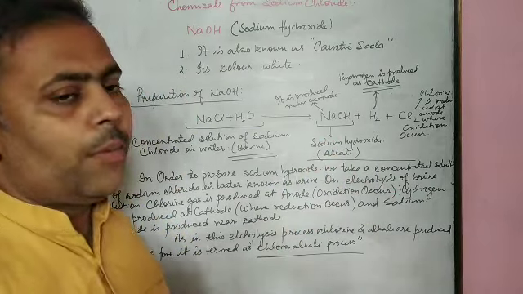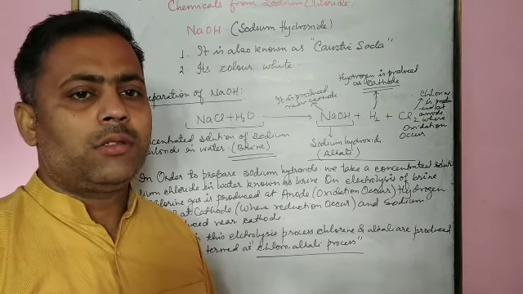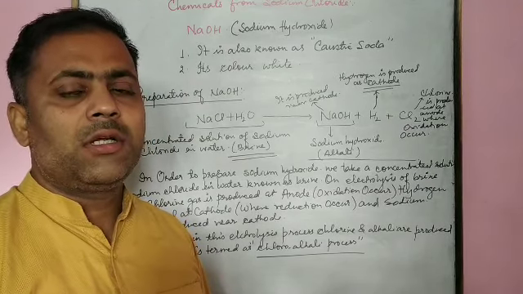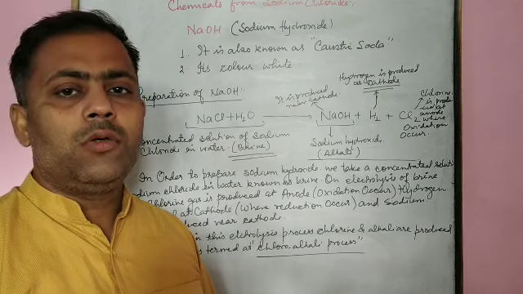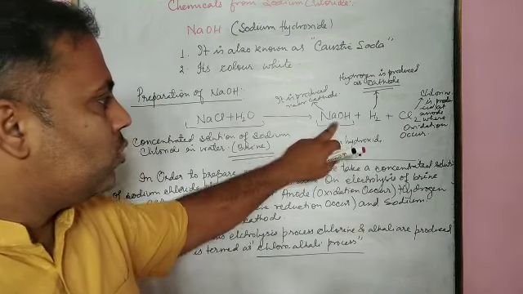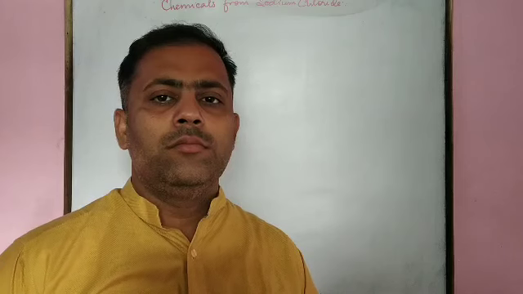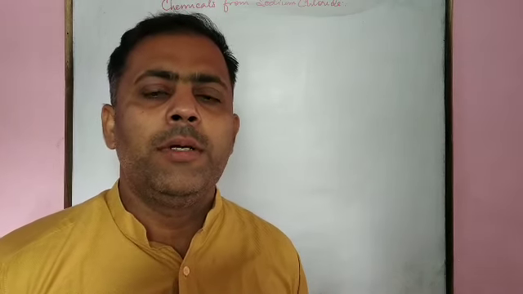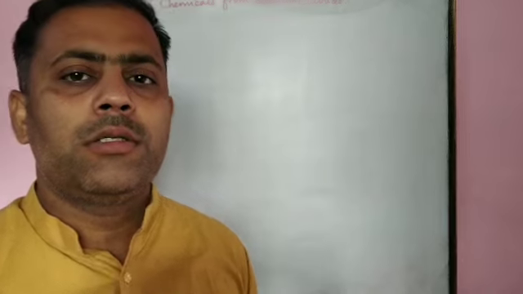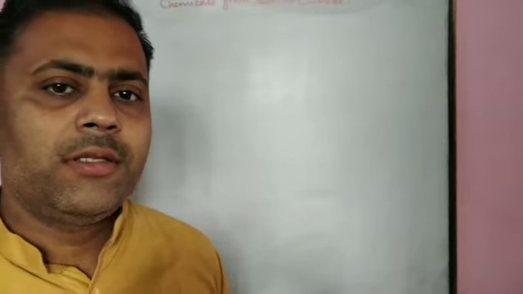This is all about the preparation of sodium hydroxide. Next we will be discussing the uses of sodium hydroxide, hydrogen gas and chlorine gas one by one. Sodium hydroxide has various uses. In class 10th we discussed that it is used in the preparation of artificial fiber, that is rayon.